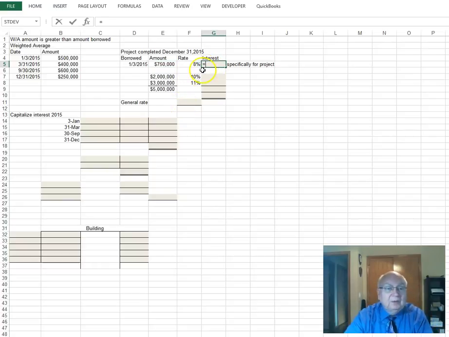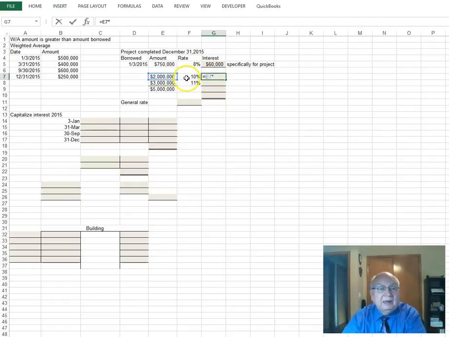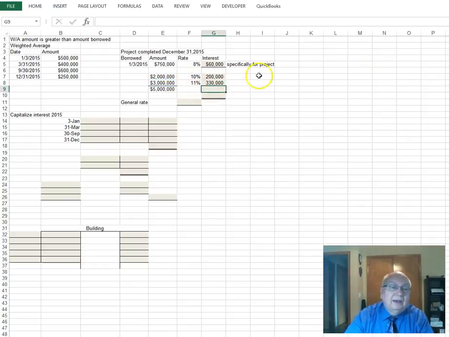So again, we find out how much interest is subject to capitalization by doing the same thing we did before, multiplying things out. So we have 2 million times 10% in that one, and 3 million times 11%, and that gives us a total of 550,000, and a grand total then of 60,000 plus the 530, or 590,000.